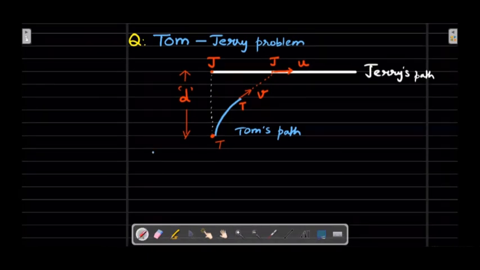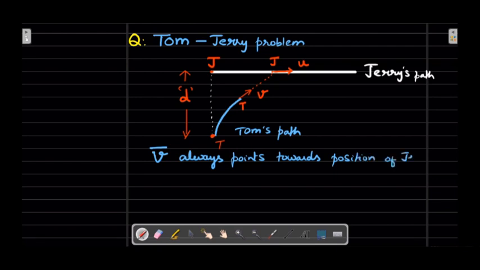The condition is this way: V bar always points towards the position of Jerry, or the mouse.